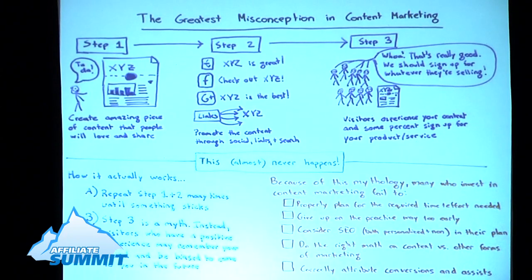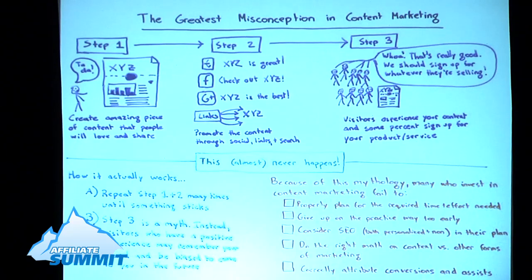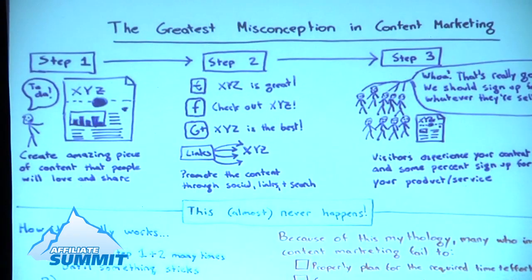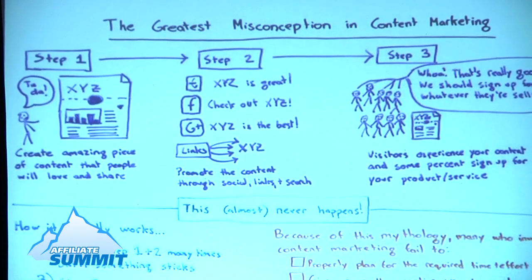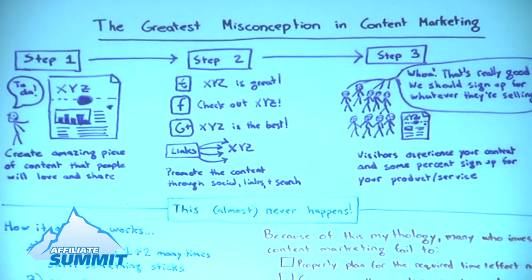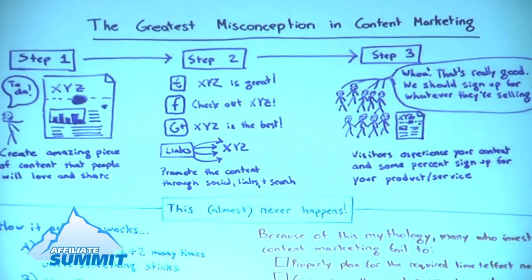A lot of people think that you just create an amazing piece of content that people will love and share, and then everyone's going to like it and tweet it and send it out, and then you're instantly going to have a bunch of traffic and a bunch of people coming to your website. And this never happens this way. What actually happens is that you have to do step one a bunch of times, and maybe something will stick eventually. And step three never happens, which is that a bunch of people are just going to come to your site because of the content.